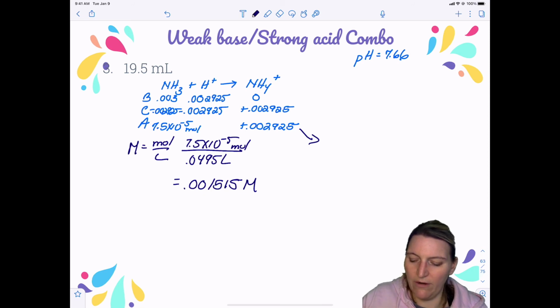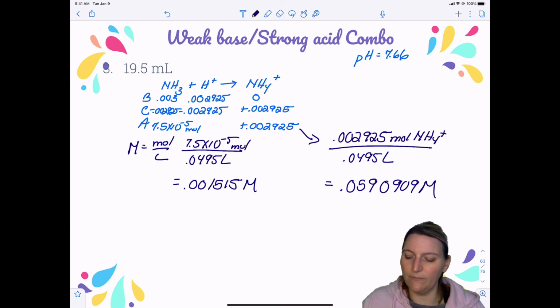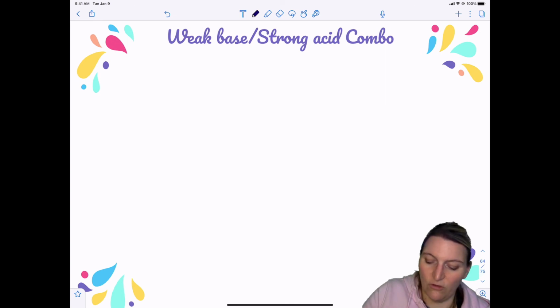And then over here, this guy, 0.002925 moles of the conjugate acid divided by the 0.0495 liters turns out to be 0.0590909 molarity. I take these numbers and I put them into an ice chart to find the new pH.